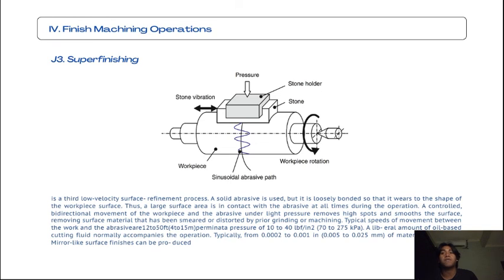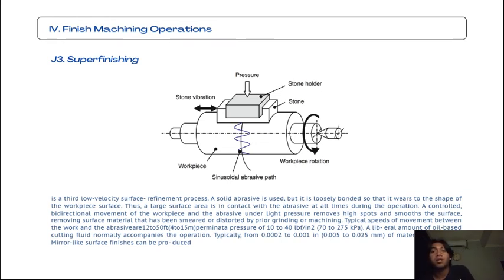Typical speeds of movement between the work and abrasive are 12 to 50 feet, or 4 to 15 mm, per minute. Pressure is 70 to 275 kPa. A liberal amount of oil-based cutting fluid normally accompanies the operation.